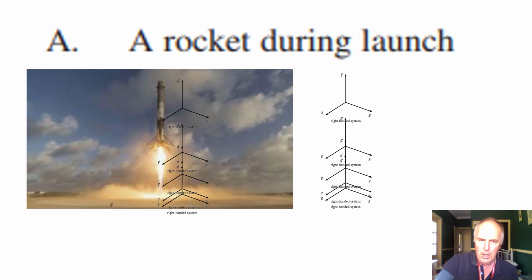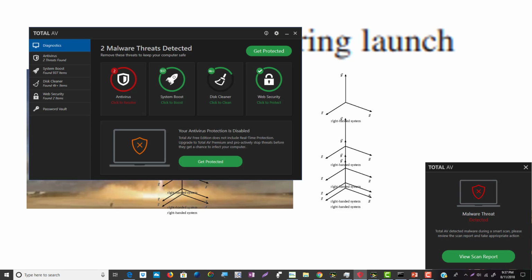Now a rocket during launch. I've shown the rocket frames of reference at several points, I think 5 seconds apart, and you can see that it's travelling at a non-uniform velocity. The interesting thing is you might be saying, look, I'm sitting still, I'm in an inertial frame of reference, and you drop something, it drops down.